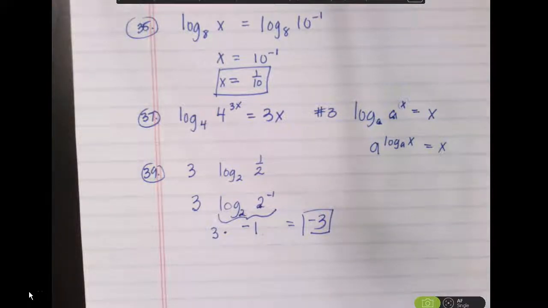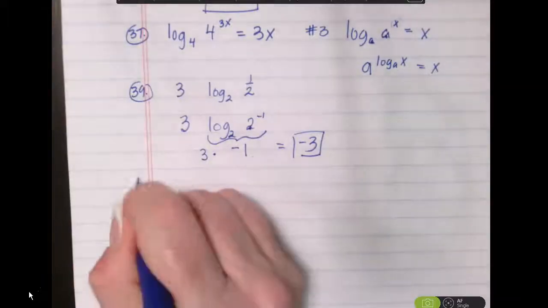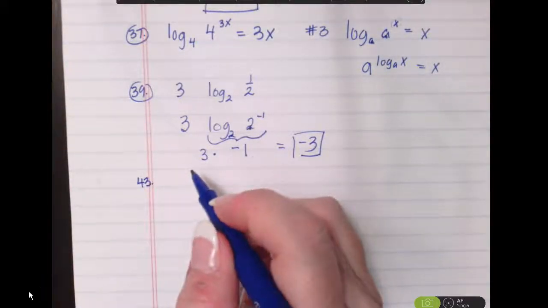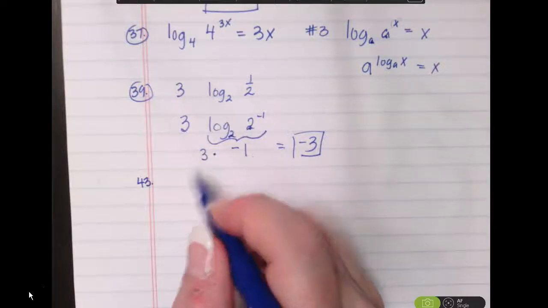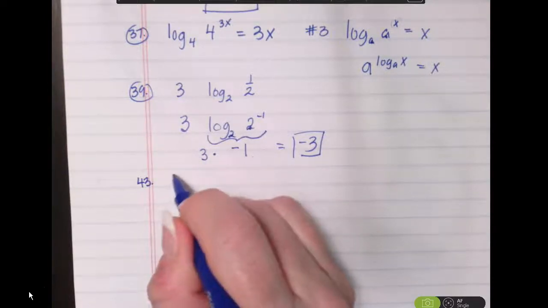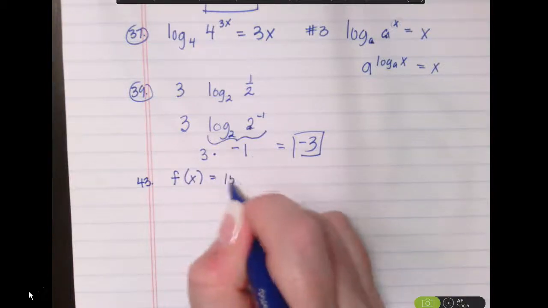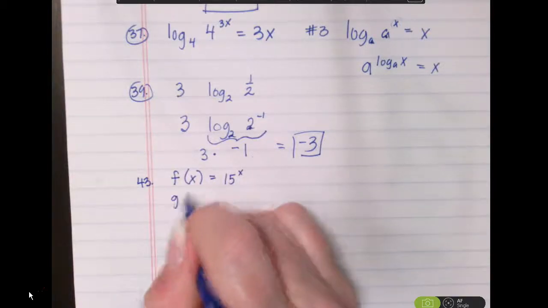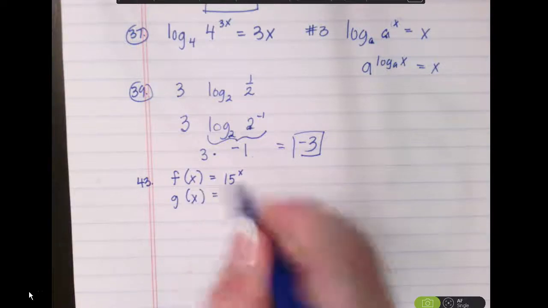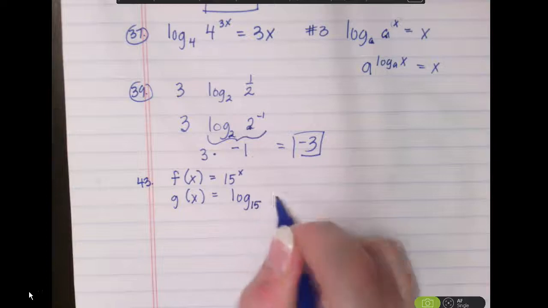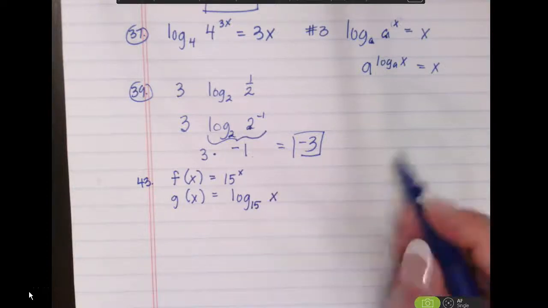Now I'm going to do 43 to 53 odd. So sketch the graph of f and g. In 43, f of x is 15 to the x power, and g of x is the log base 15 of x.